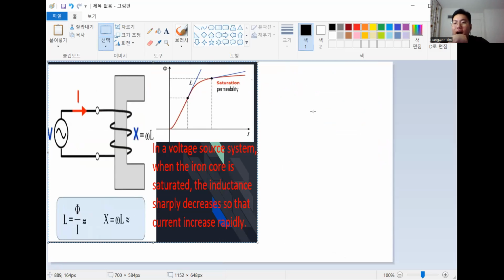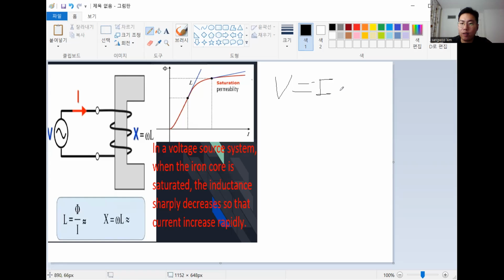First of all, which system do we generally use, a voltage source system or a current source system? Of course, the voltage source system.